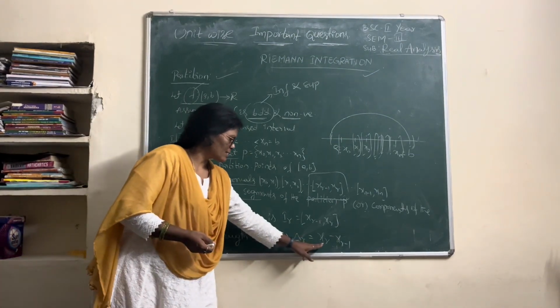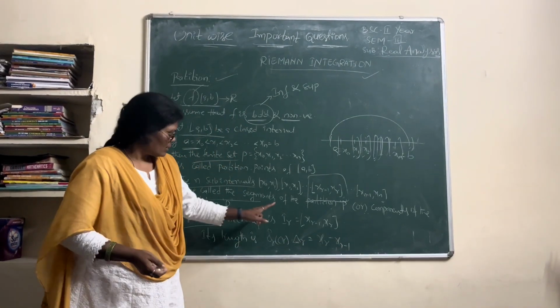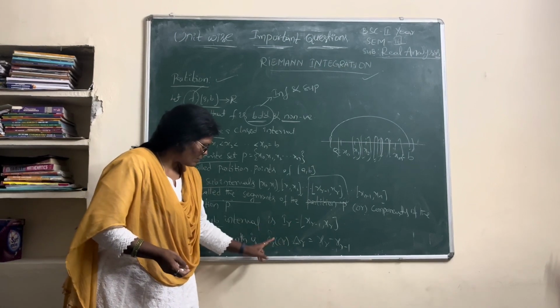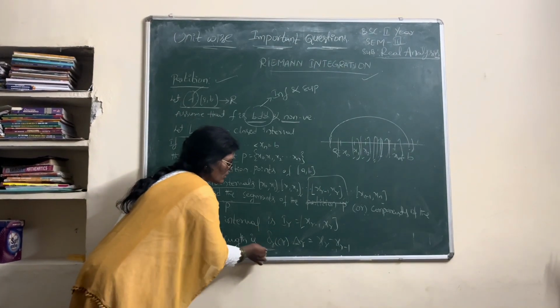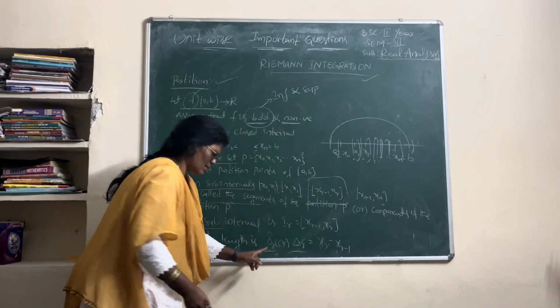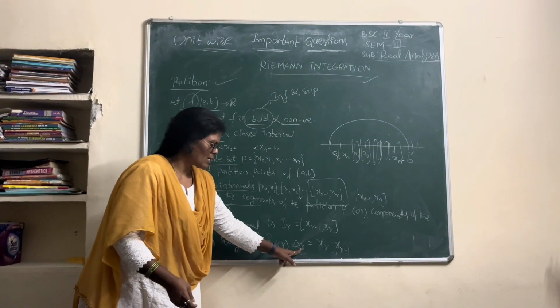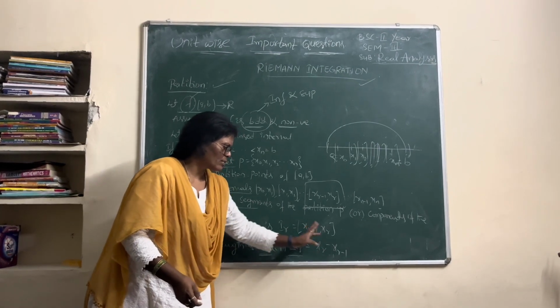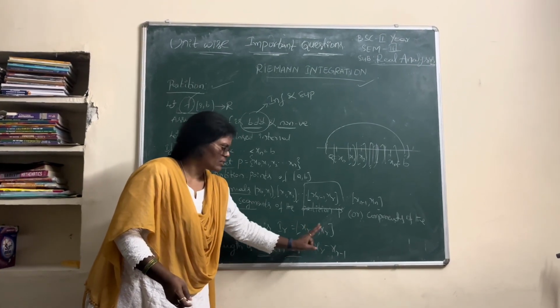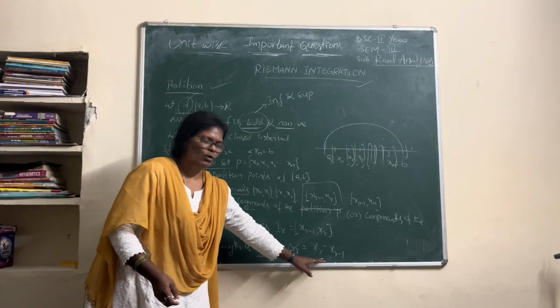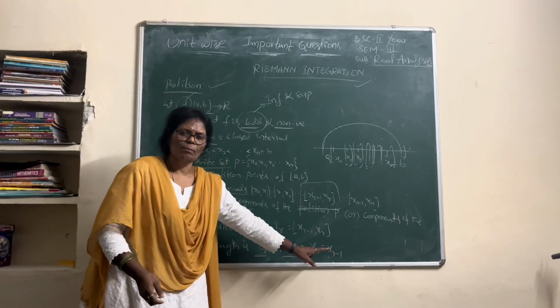The length of the interval we can denote with the notation delta r. Its length is the difference between these two values, upper value minus lower value, xr minus x(r-1).